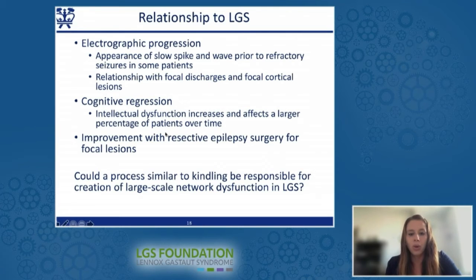And of course, we know that intellectual dysfunction can increase over time in LGS and actually affect a larger proportion of patients over time. So what I'm putting forward a little bit speculatively is that a process similar to Kindling could actually play a role in the creation of large-scale network dysfunction in LGS.